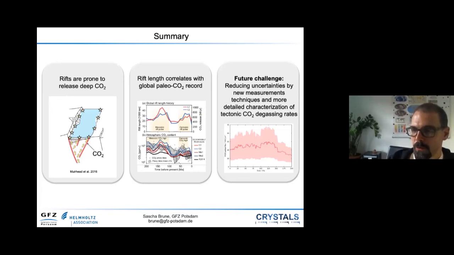They usually start slow and then become faster during seafloor spreading, or right before it, when they lose all their strength. Then of course more melting comes in, and more CO2 might be sourced from depth. So this is the next thing that one would have to look at. I fully agree that the velocity has a big impact on the amount of melts and potentially also on the amount of CO2 release.